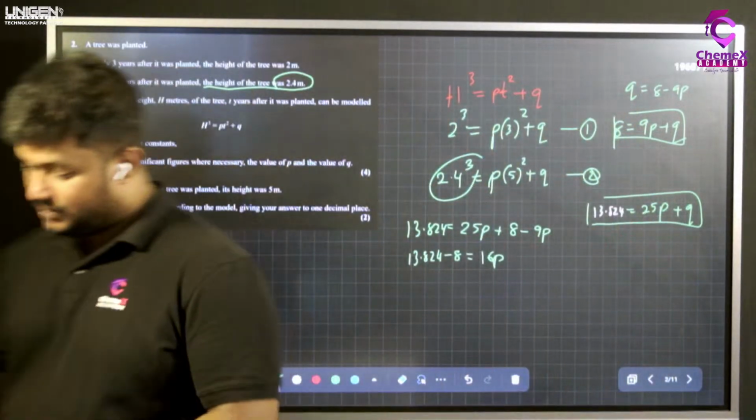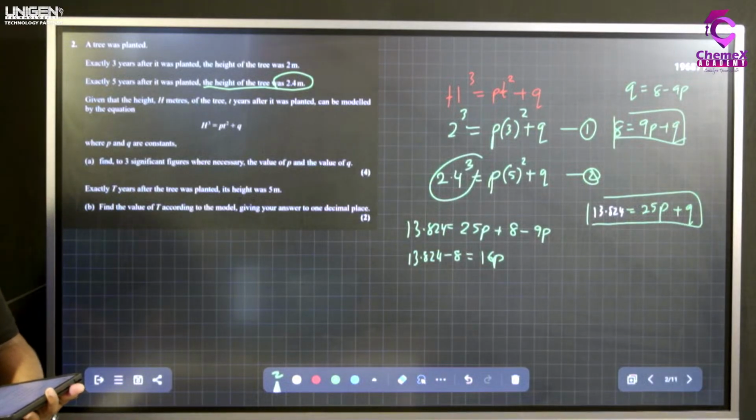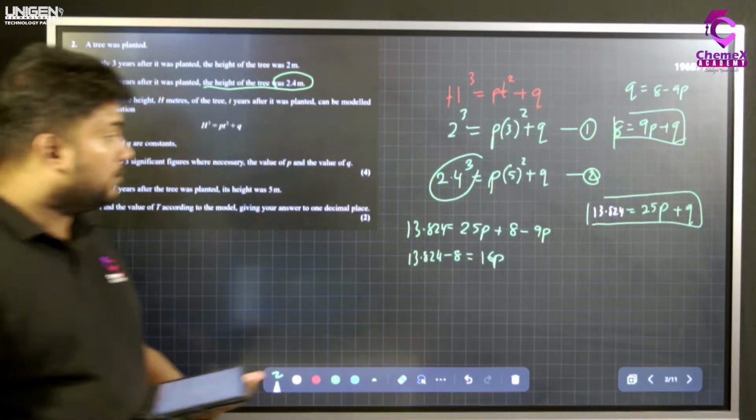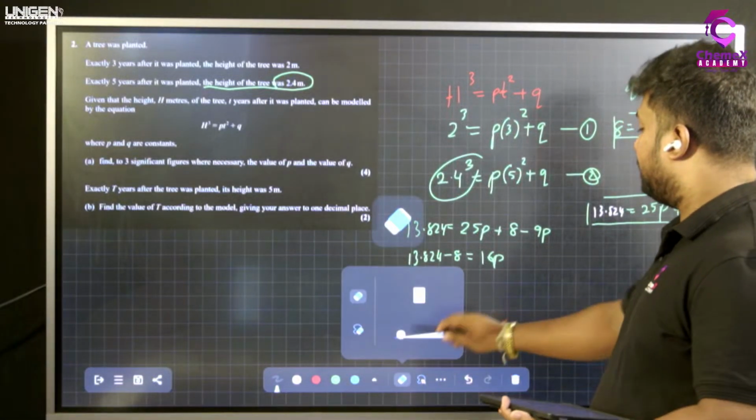Okay, so 13.824 minus 8 divided by 16. When you make a mistake in one end, you're gonna make the whole thing messed up.